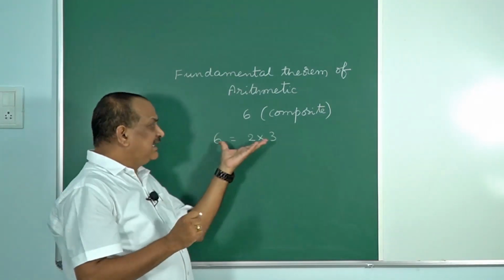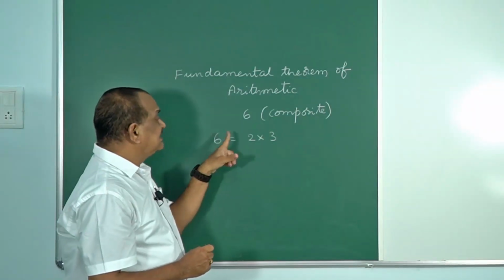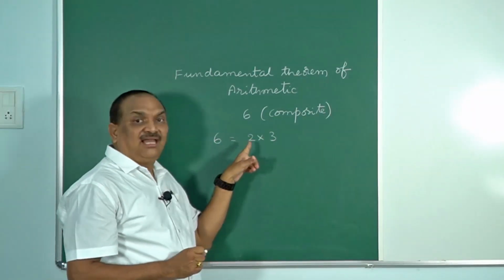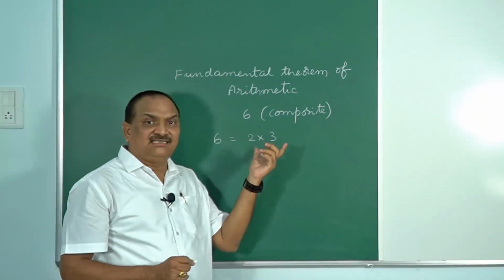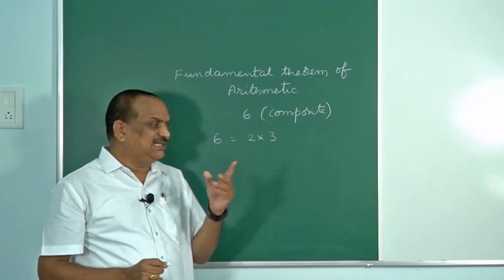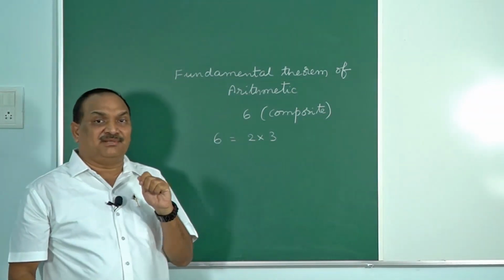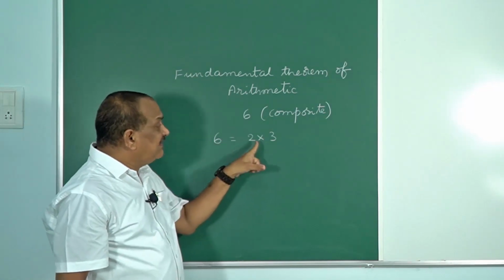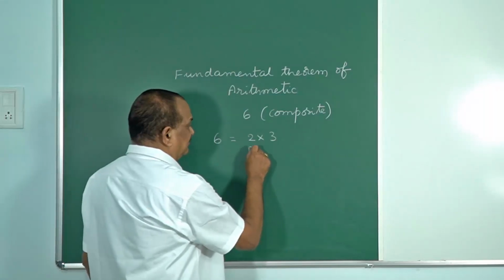So what have you done here? You should understand, you have factorized this 6 and you got 2 times 3. Having factorized this, there is something more interesting here. 2 and 3 here are prime numbers, and therefore this factorization is called prime factorization.